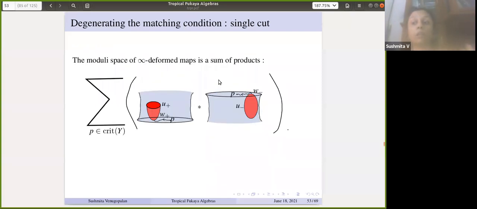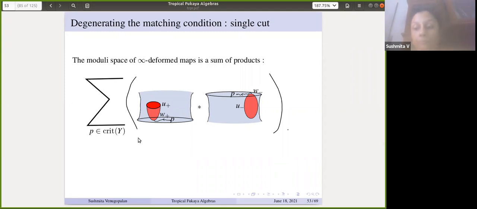The upshot of this is that the moduli space of infinitely deformed maps is a sum of products, because on the one end, we can count maps where the node maps to the unstable locus of P, and on the other side where the node maps to the stable locus of P. So these two moduli spaces can be thought of independent of each other, and we just take a product and we take a sum over all critical points.